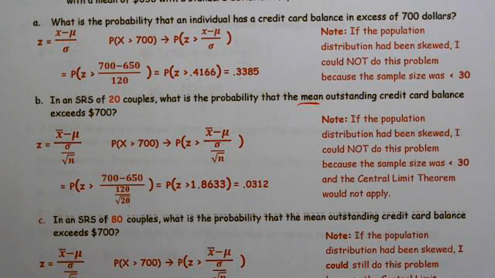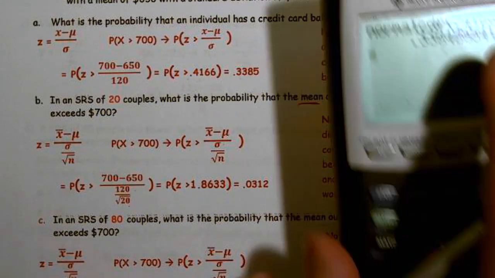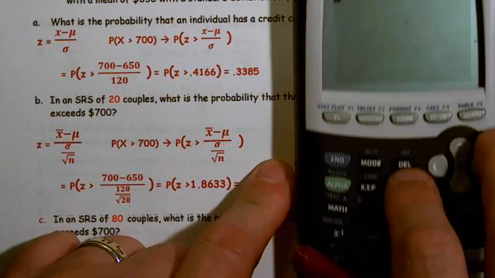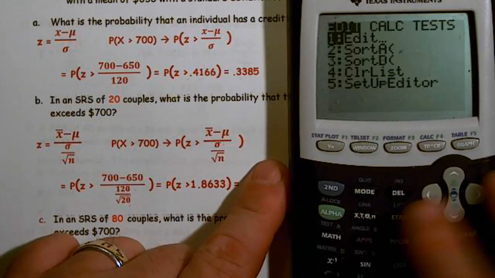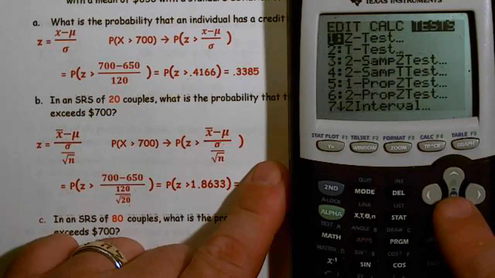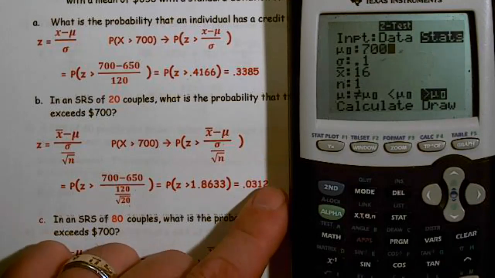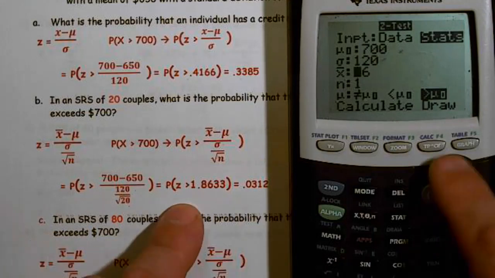So in this case, I can go about doing this a couple of different ways, but probably the easiest thing to do would be go to stat, test, z-test. So if I go to stat, arrow over to test, and drop down to z-test, my mean happens to be 700. My standard deviation is 120. My x bar, I did that wrong, excuse me.